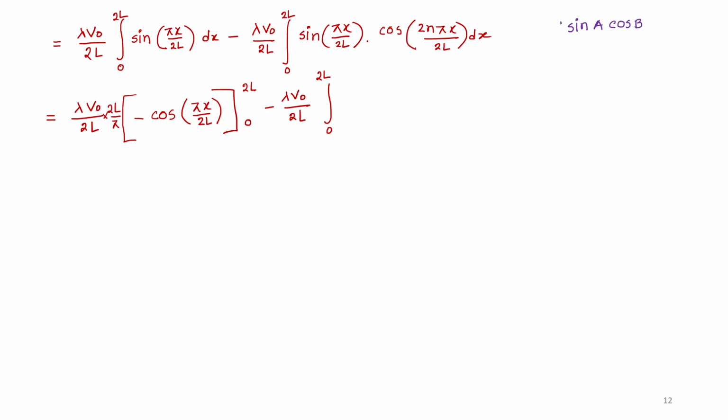So you know, right, that 2 sine A cos B is sine(A plus B) minus sine(A minus B).